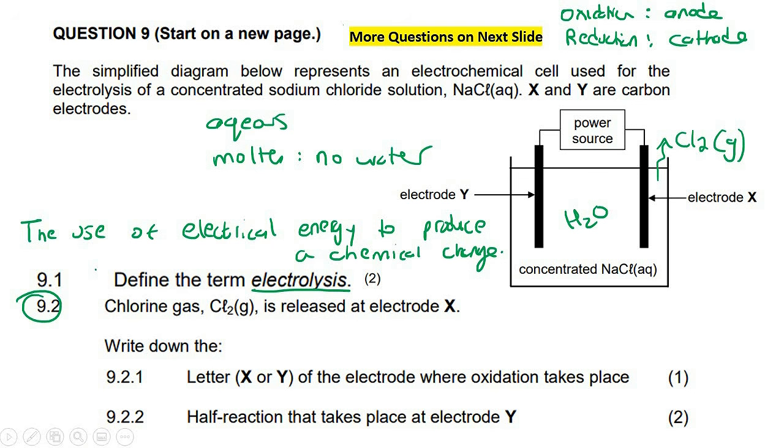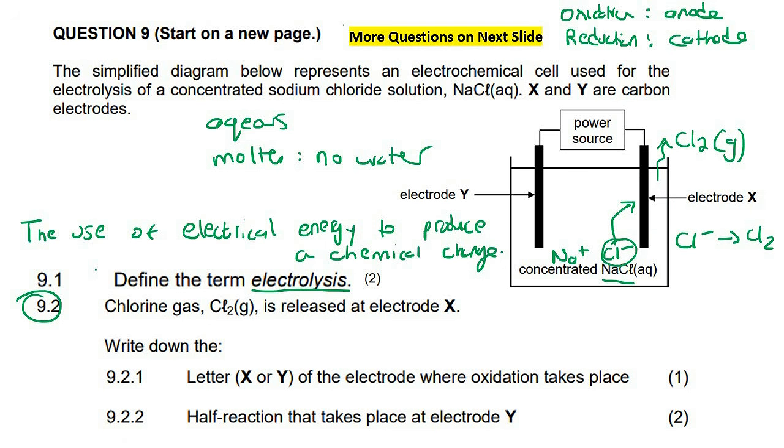Let's think about this. If you look at NaCl, that is actually Na+ and Cl-. They tell us that the Cl- got oxidized at this electrode over here, so we converted Cl- to Cl2.